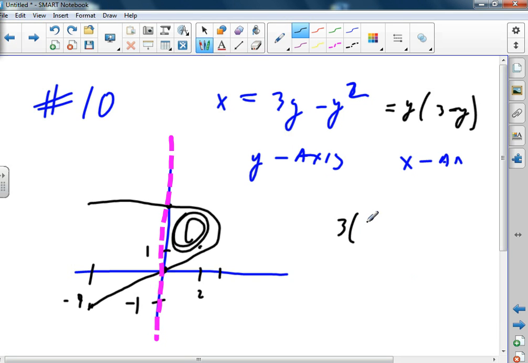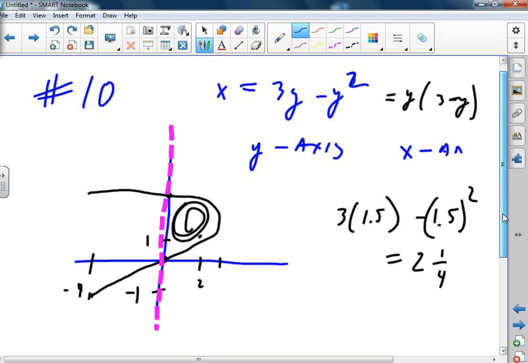So 3 times 1.5 minus 1.5 squared, 2.25, 2 1/4. Okay, so that's what we're going to do.